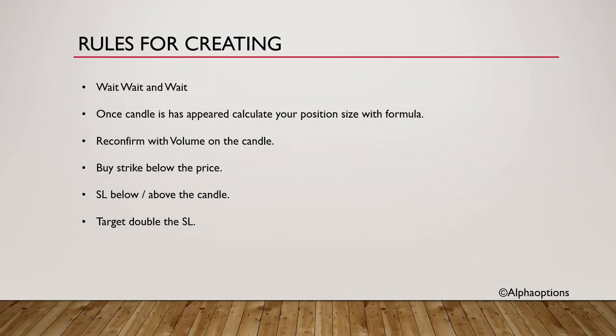And if you open the option chart, then usually if you buy the put also, the stop loss will be below the candle. And for the target, try to keep it double, but if you see any reversal, always trail your stop loss so that you can easily get out at least 1:1 or 1:1.5, which is a good number.